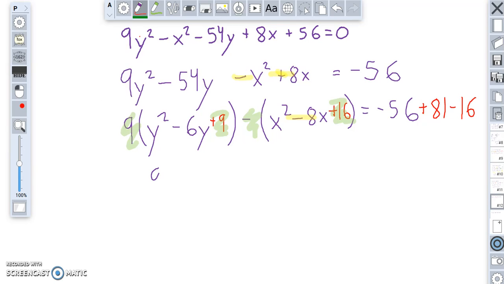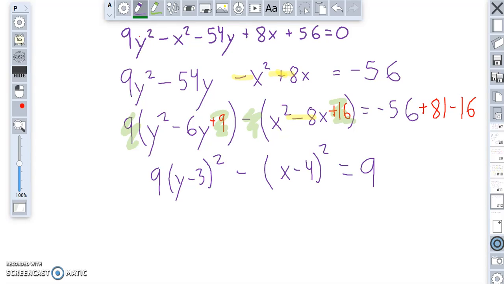Clean that up, I get 9 times y minus 3 squared minus x minus 4 squared equals negative 56 plus 81 is 25, minus 16 is 9.